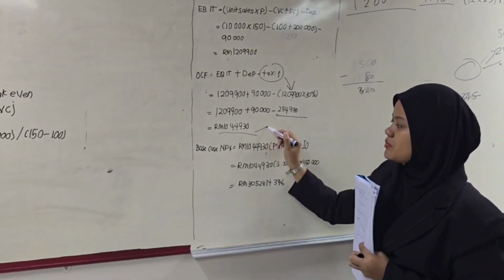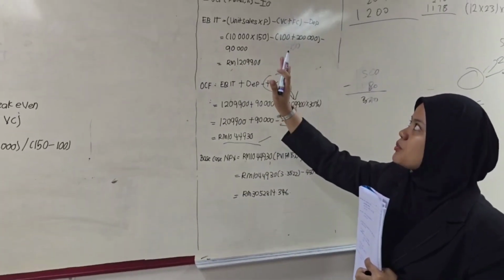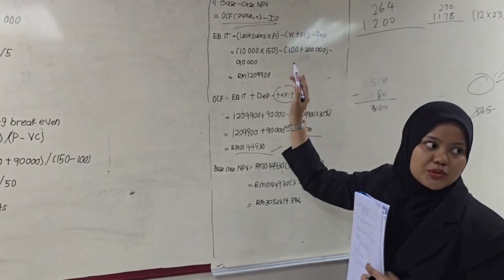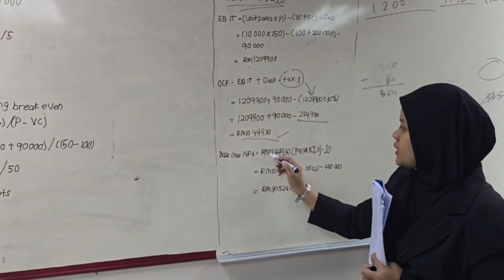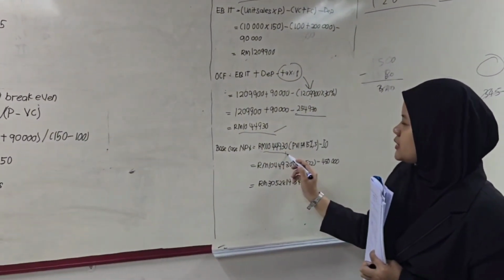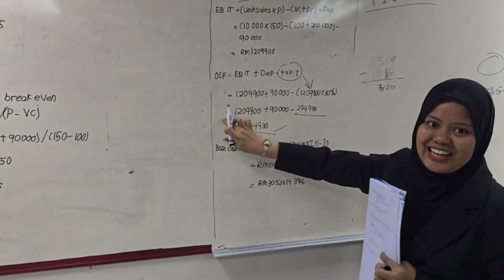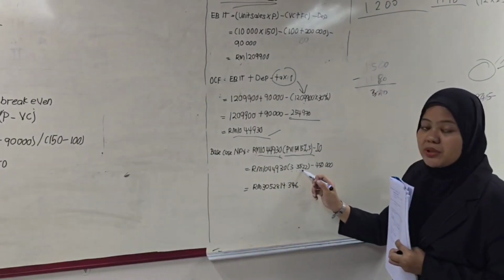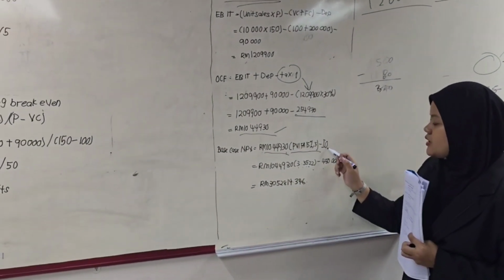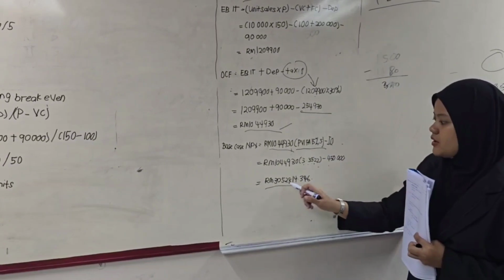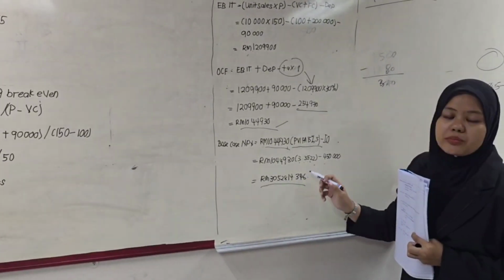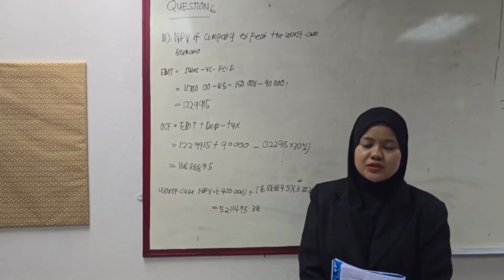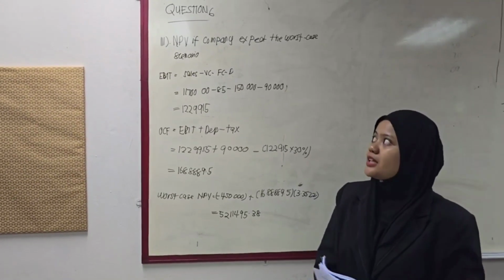Jadi tapi di sini belum habis ya, sebab untuk best case NPV ini kita perlu guna rumus ini. Jadi masukkan dalam rumus ini kita dapat ini nilai OCF. Lepas tu PVIFA ini kita dapat 3.3522 tolak dengan initial outlay. Kita dapat 3052814.346. Okey, ini adalah jawapan untuk soalan yang ketiga.